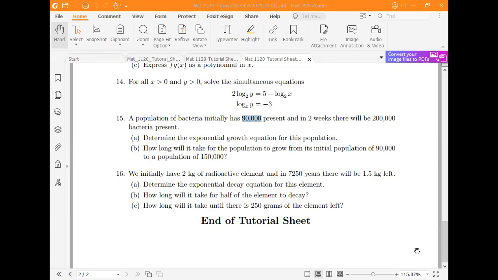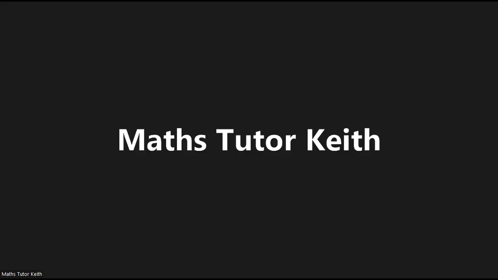Initially we have 2 kgs. After this time, there will be 1.5 kgs left. Determine the exponential decay equation for this element. So what do you do? Let's go there and see what we do.